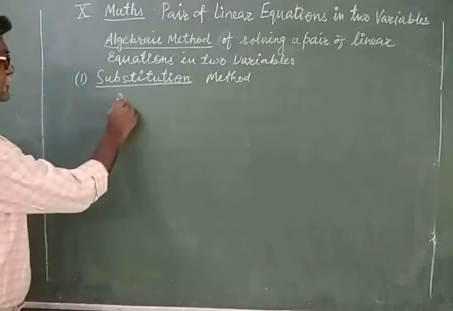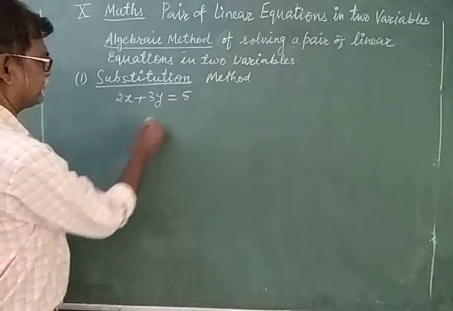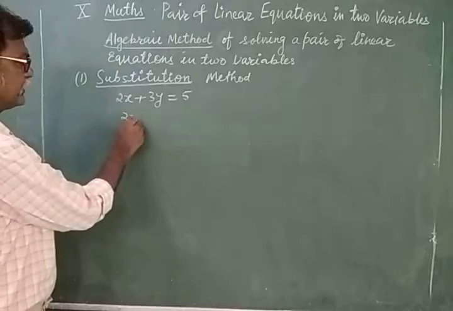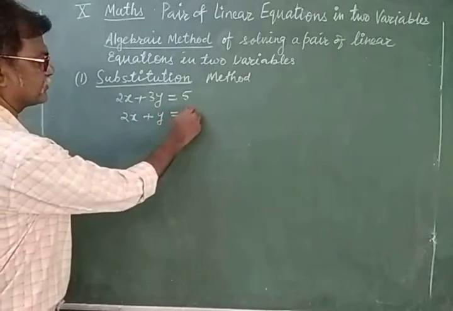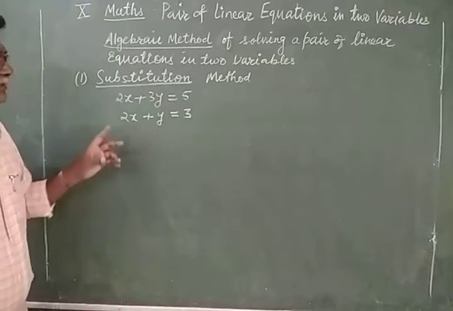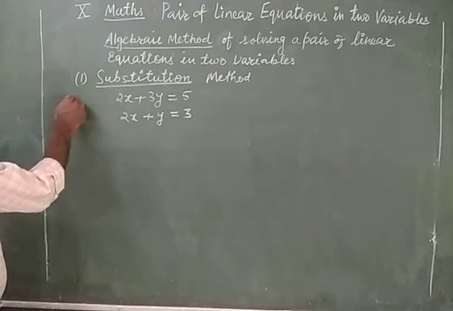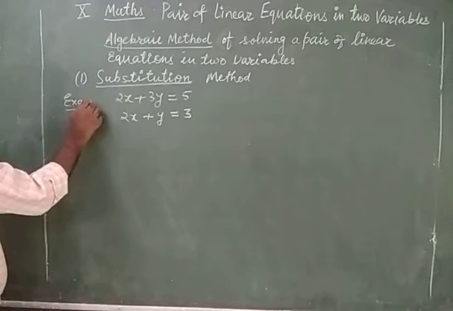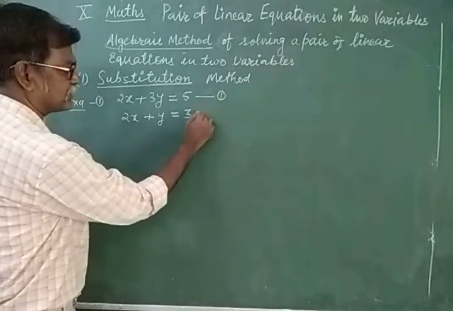Say 2x plus 3y is equal to 5 and 2x plus y is equal to 3. So this is the pair of linear equations in two variables. Let this equation be denoted as 1 and this equation as 2.